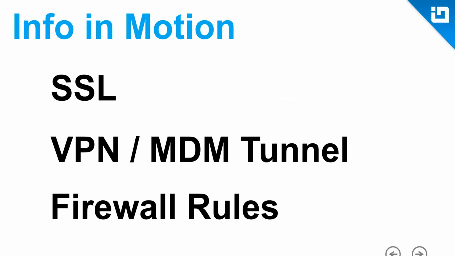Now, if you're going to tunnel directly without an MDM and go through a VPN, you're going to want to make sure that your solution supports VPN, right? Some solutions support the VPN out of the box with the default device's VPN tool. Others don't.